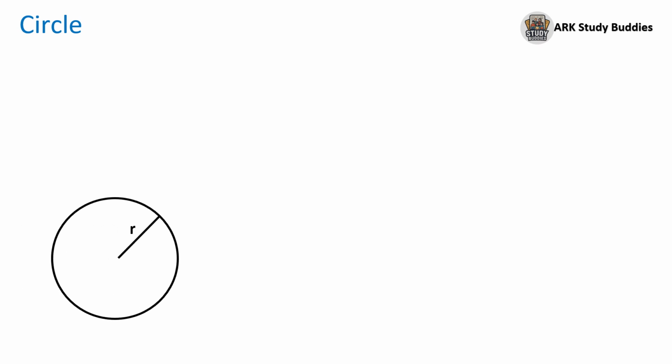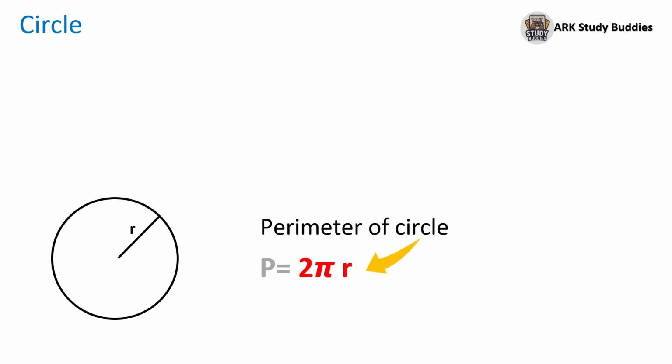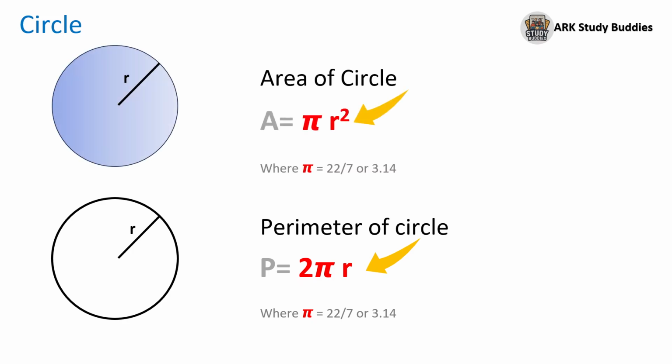Let's learn the perimeter of a circle. The perimeter of the circle is 2 pi R, where pi equal to 22 by 7 or 3.14. So in circle, you have to remember area is pi r square, perimeter is 2 pi r.